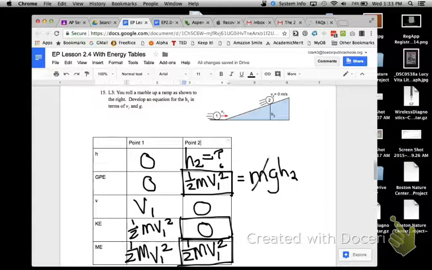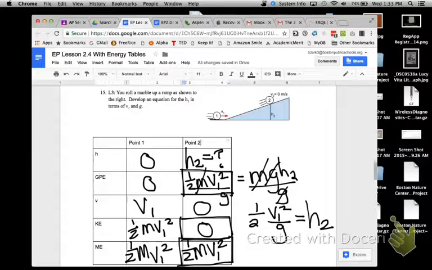So I can cancel out my masses. I can divide both sides by g. And then I'm going to be left with 1/2 v1 squared over g is equal to h2. And then that is our expression for h2.